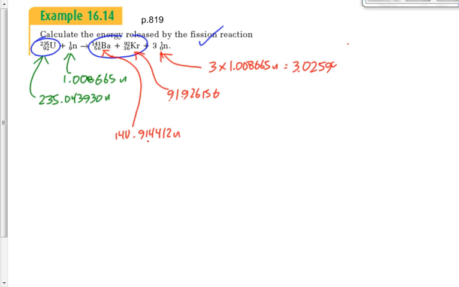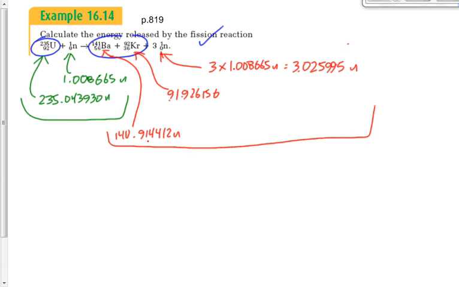All right, now we're going to say this side of the room, Colin's side, is going to find the total mass of the left-hand side. And Garrett's side of the room is going to find the total mass of the right-hand side. So everybody here, take out your calculators, figure out the left side. Everybody here, figure out the right side, please. James, what's the mass of the left-hand side there, please?